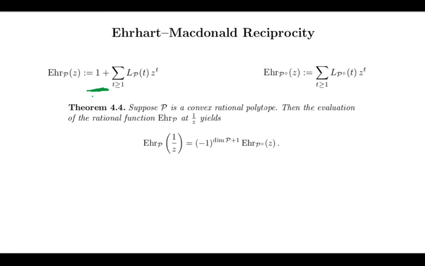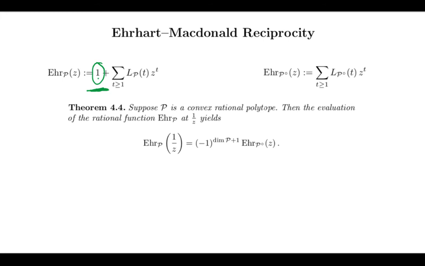On the open side for the interior of the polytope, that comes then from the integer point transform of the open cone. And while on the closed side, this 1 here came from the origin in the cone, on the open side, there is no point of height 0. So this is a long-winded motivation for the definition that you see on the right.